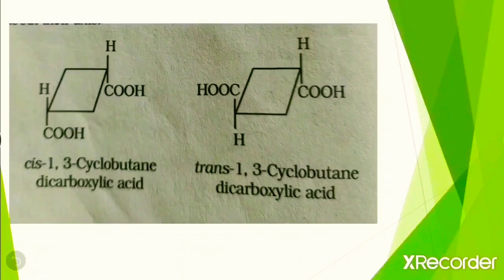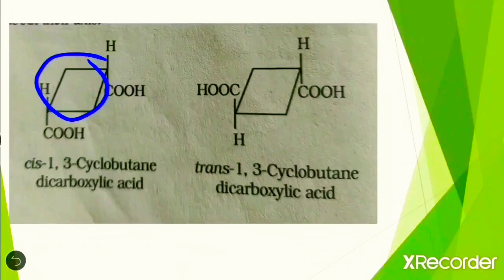Geometrical isomerism is also exhibited in cyclic compounds. The ring takes the place of a rigid double bond and restricts the rotation of the carbon-carbon atoms about their axis.